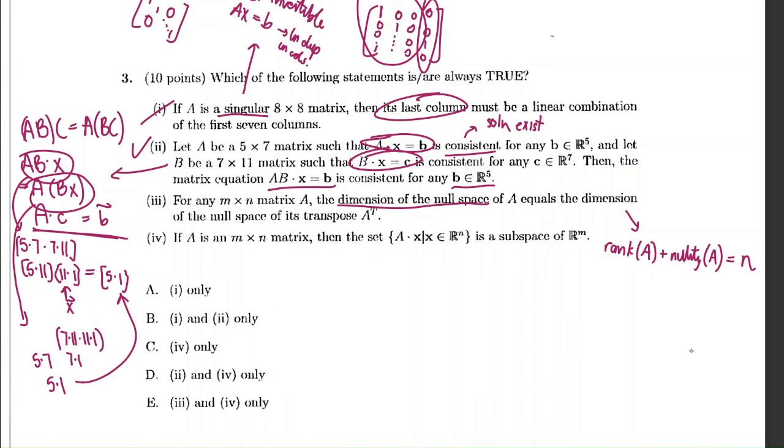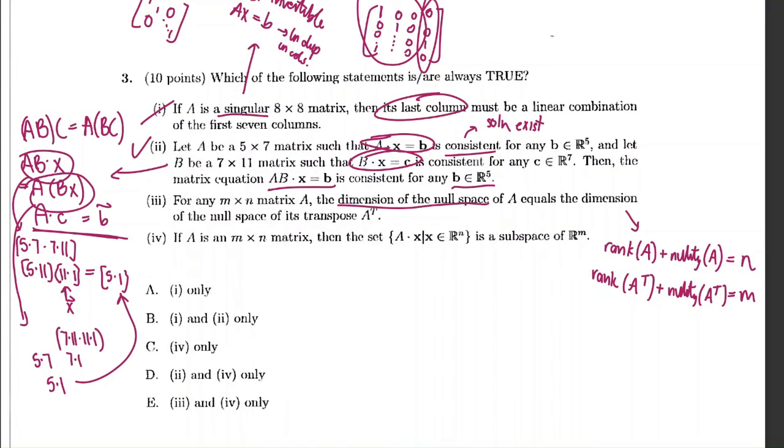And you can also write this for A transpose: rank of A transpose plus nullity of A transpose equals m, because the transpose has m columns.